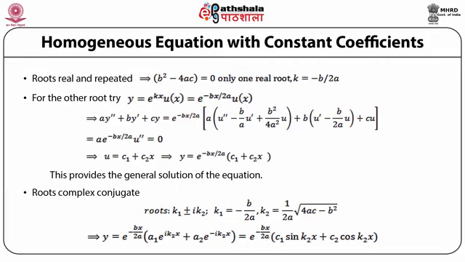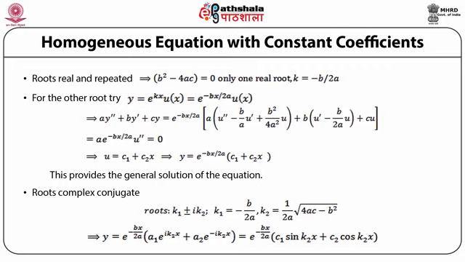The general solution is therefore y is equal to e raised to power minus bx by 2a multiplied by (a1 e raised to power i k2x plus a2 e raised to power minus i k2x).